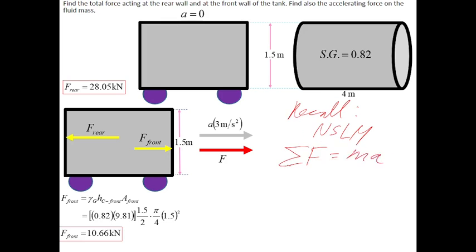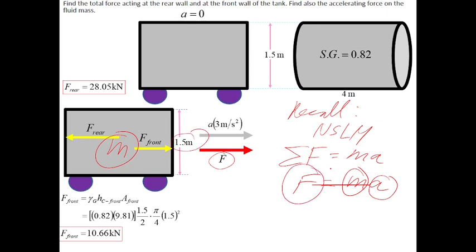So in this case, summation F represents F, and the product of the mass of the tank filled with liquid. In this case, the tank's weight or mass was not indicated, so we disregard the tank's mass. Instead, we only consider the mass of the liquid inside the tank. So F equals ma, the mass of the liquid multiplied by the acceleration, that will be the corresponding force that is exerted, no?